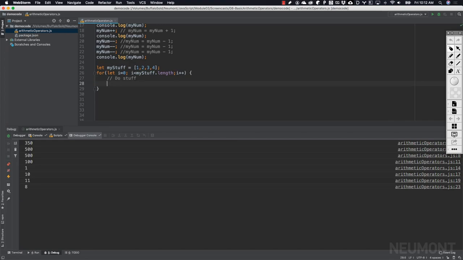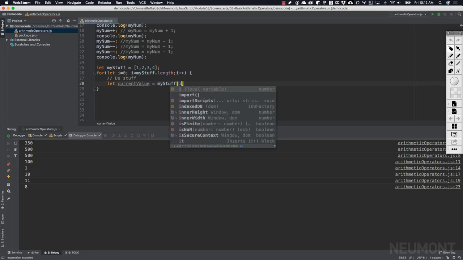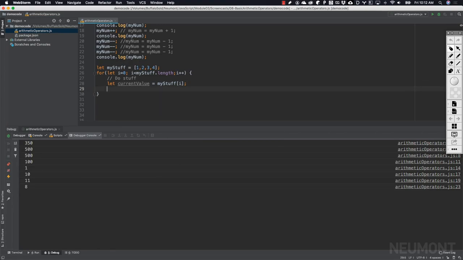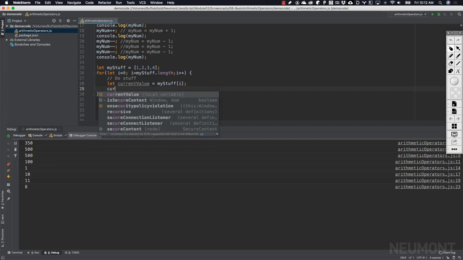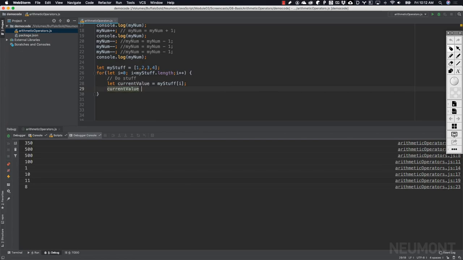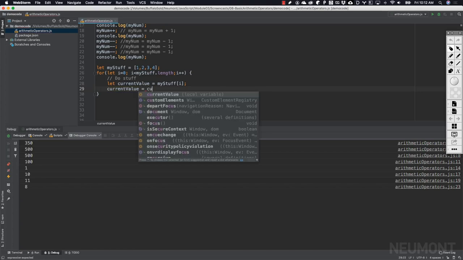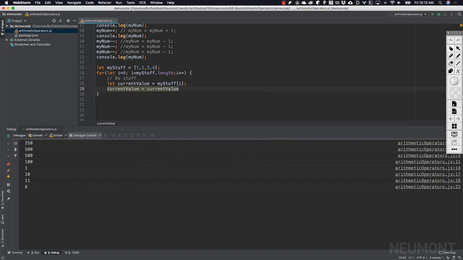And then we could do all kinds of stuff by pulling out let current value equal my stuff, and then the current location in the array that we're trying to work with, and then we can modify current value somehow. So I can say current value equals current value remainder 75.